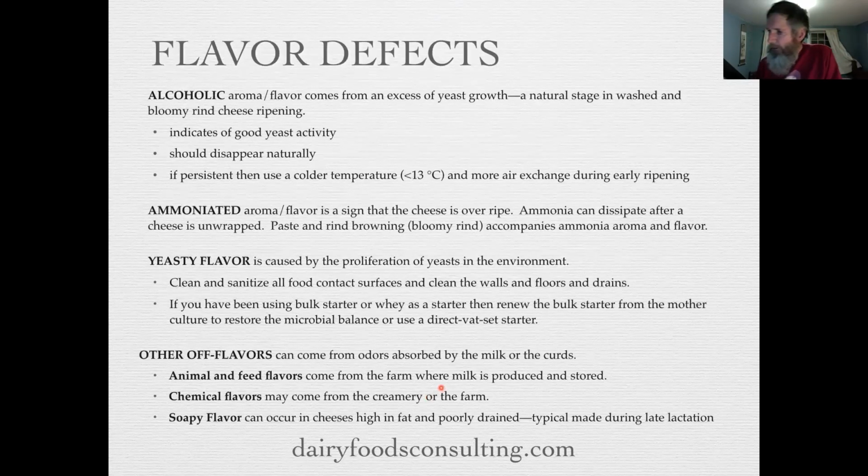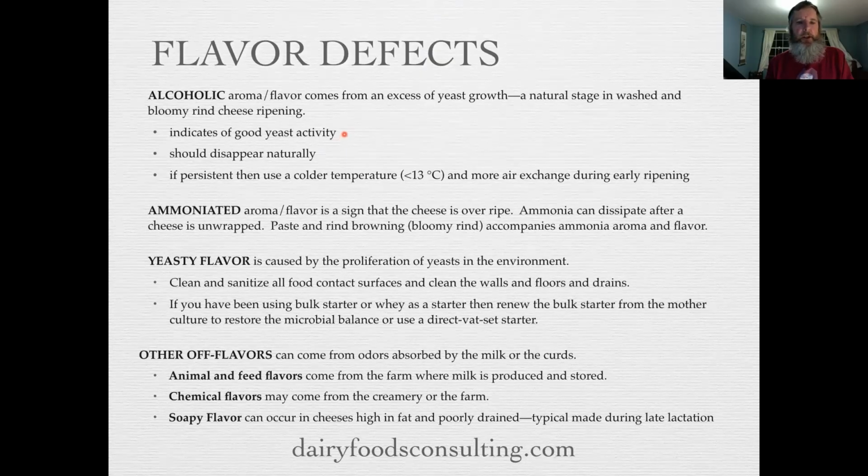Then we have a few more. Alcoholic indicates good yeast activity, and it's an early stage kind of thing. So generally speaking, it's just something we notice.